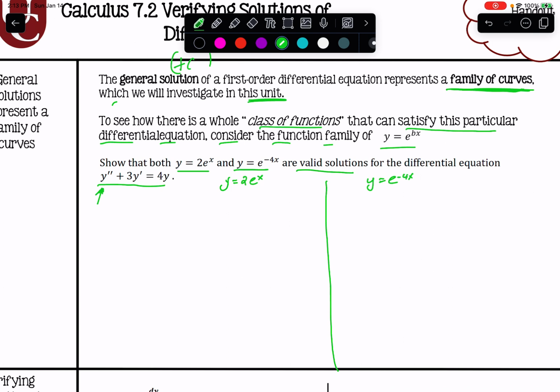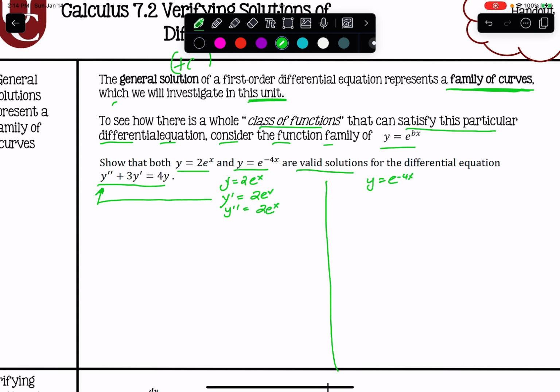So you would take the derivative of y equals 2e to the x. y prime is equal to 2e to the x, and y prime prime is equal to 2e to the x.